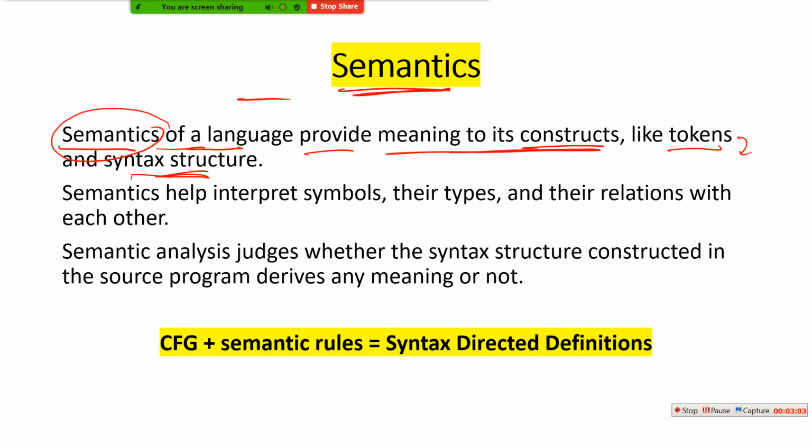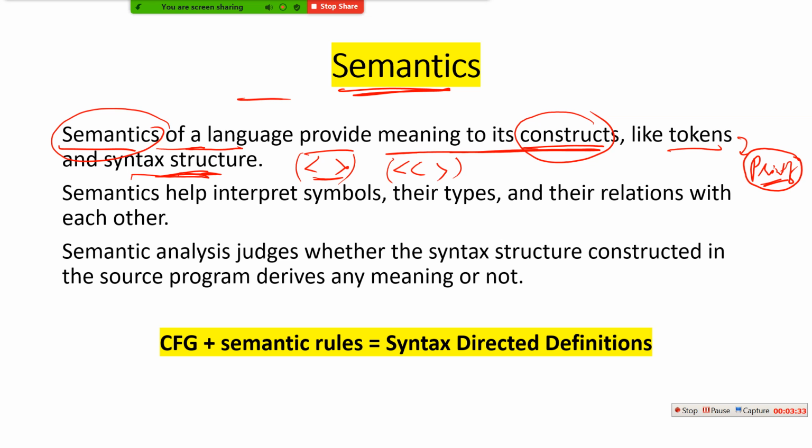Suppose you have taken printf as a token from the previous phase, so it will provide meaning, that is, whether it is valid or not. Suppose you have taken markup tags, is it valid or not? Suppose you have taken structures like that. This kind of meaningful construct would be checked under that, right?